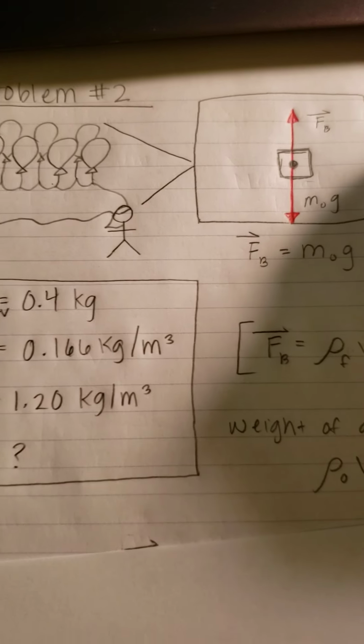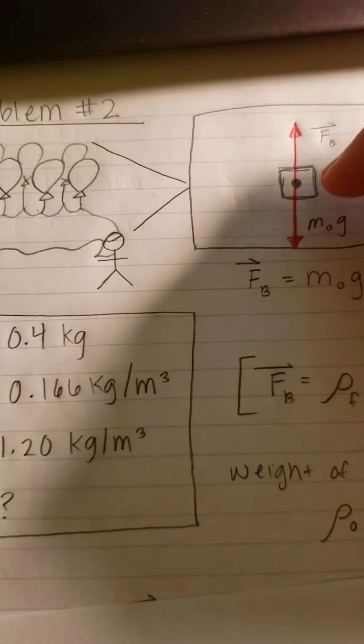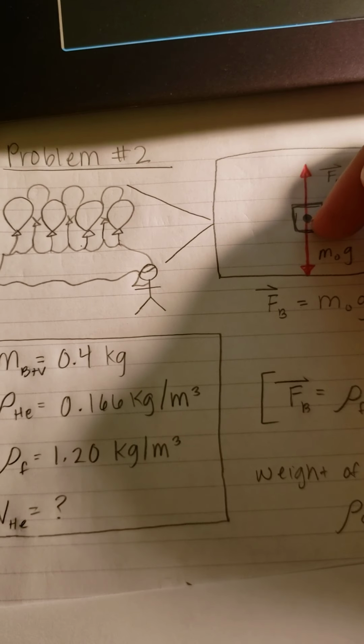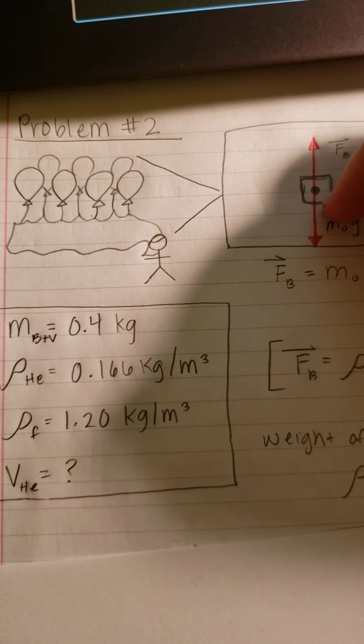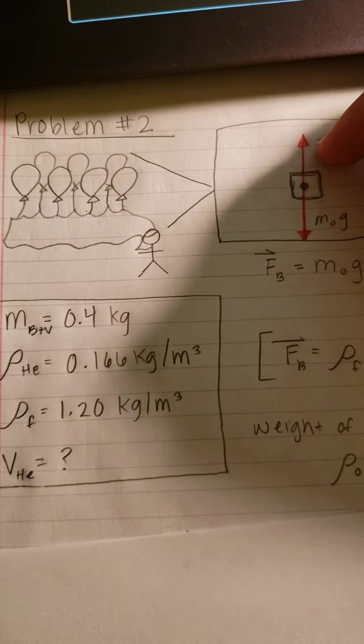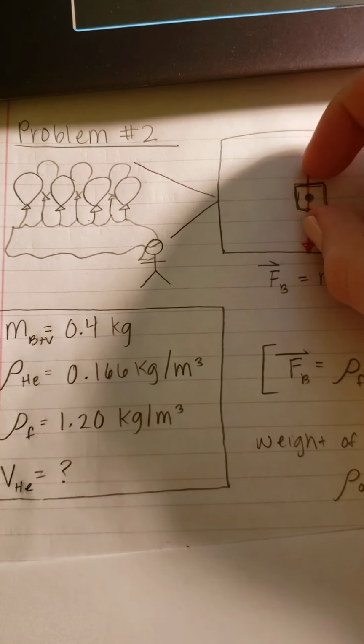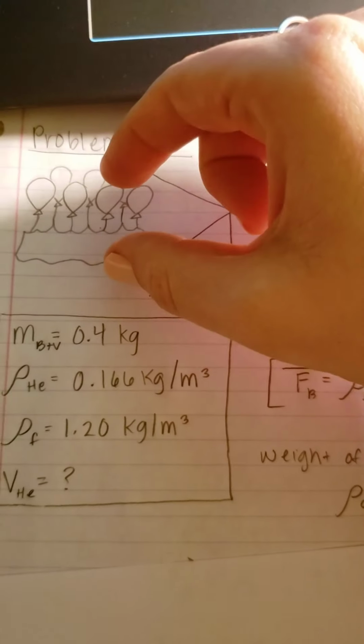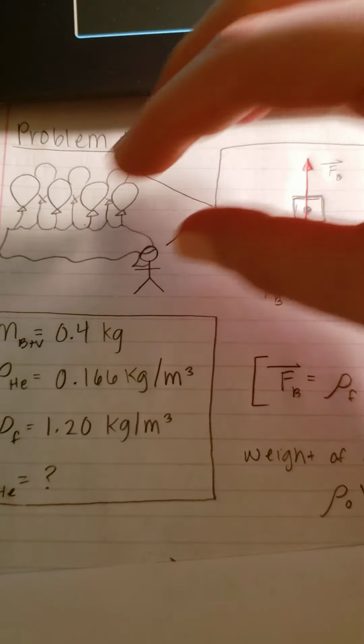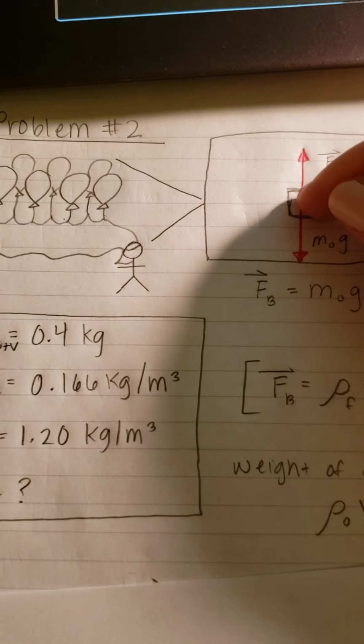So we can draw this as a force diagram here, and we can label our forces acting. The object here is our veil plus balloons plus helium. That's all just the object that I've drawn here.